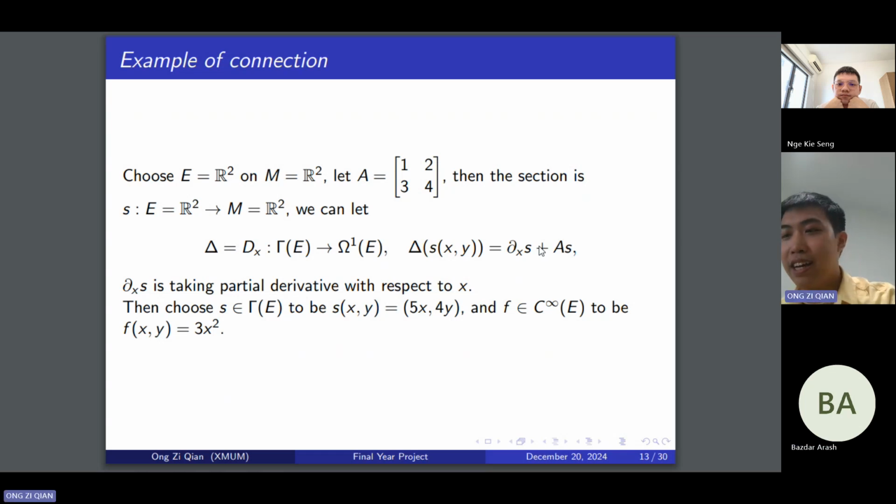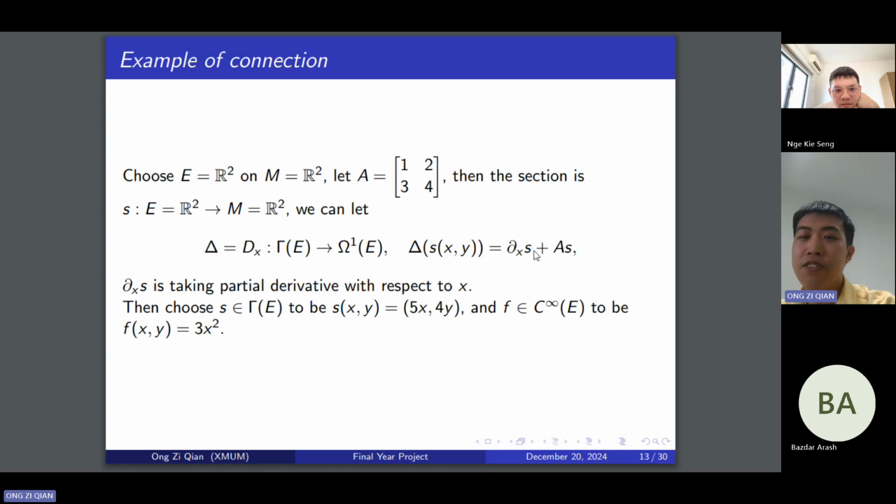I want to show how this acts as a connection on a chosen function, and we choose the function as 3x squared and choose a section just to see what happens. Okay, so you don't want to prove that it's a connection, you already accepted it's a connection. You just want to apply it for a particular F and S. That's it?